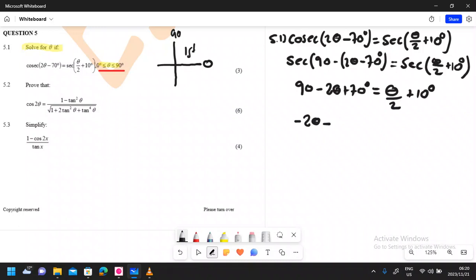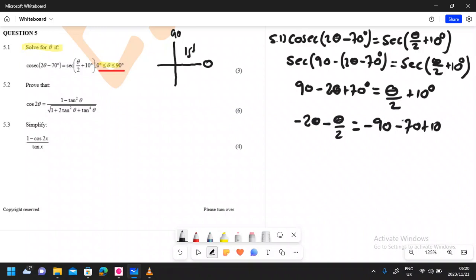So we're going to have negative half theta, and then we continue there. And when we continue, let's say we take our 90 this side, transpose it, it's going to be negative 90, 70 also, it's going to be negative 70, okay, plus 10 degrees.